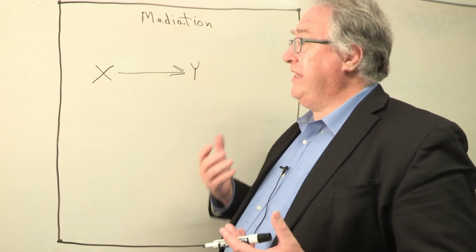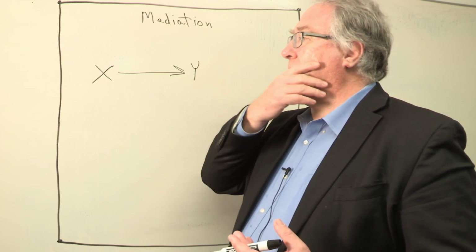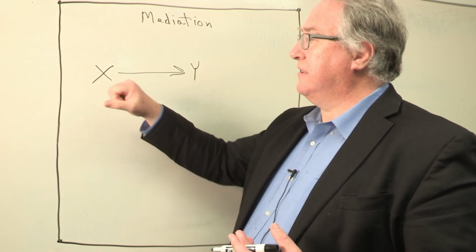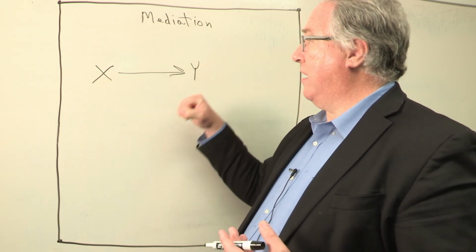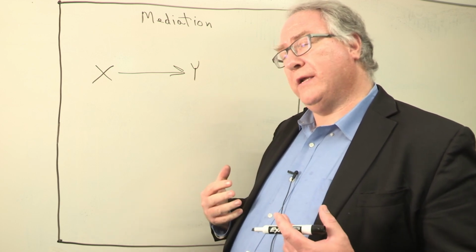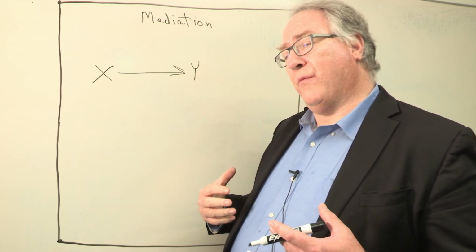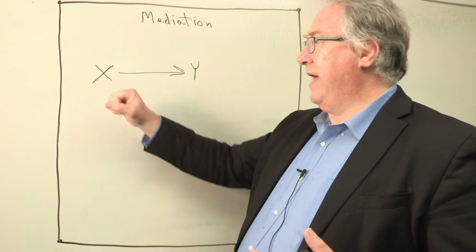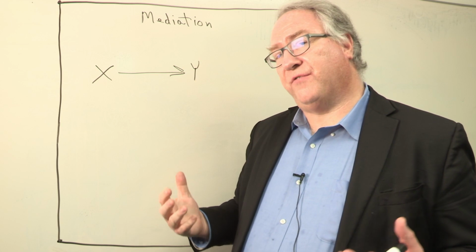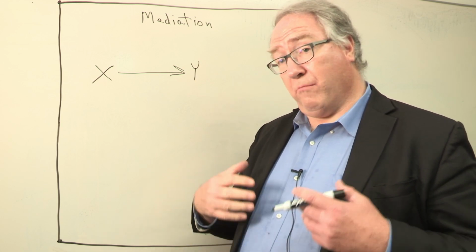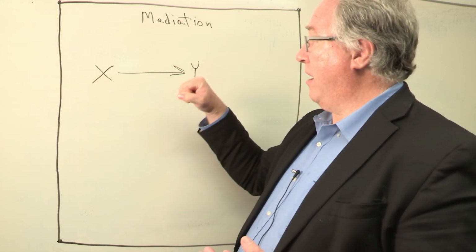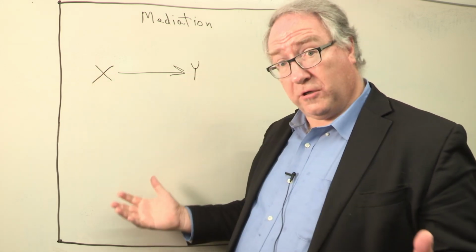I have this demonstrated significant effect of X on Y, but now I'm going to ask myself, how does that effect occur? What is the process or mechanism by which the effect of X on Y occurs?